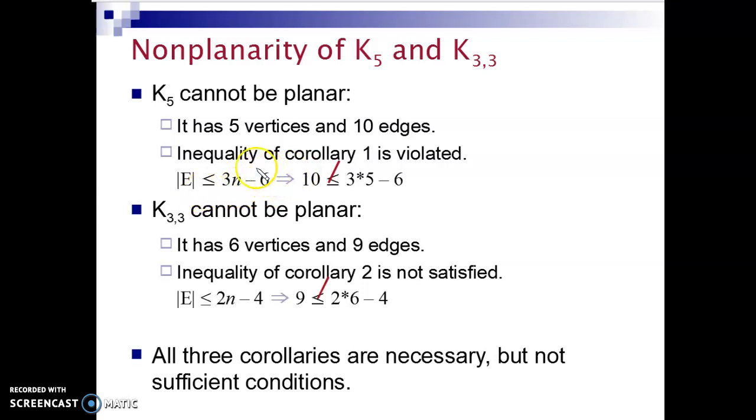If you replace these numbers here, the number of edges, 10, smaller than or equal to 3 times 5 minus 6, which is not true. Since this inequality is violated, K5 cannot be a planar graph. Try to find out why K33 cannot be planar.